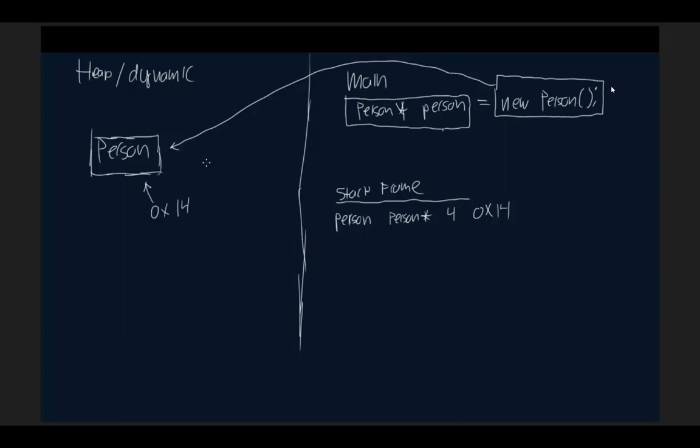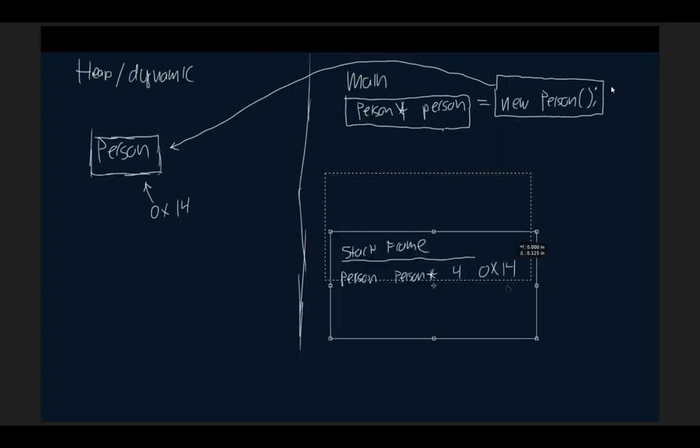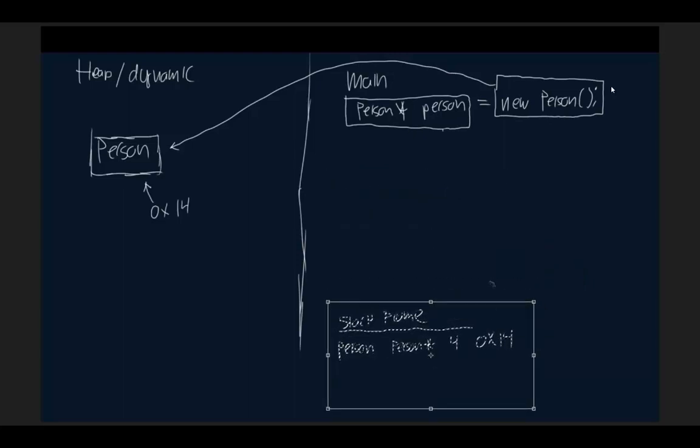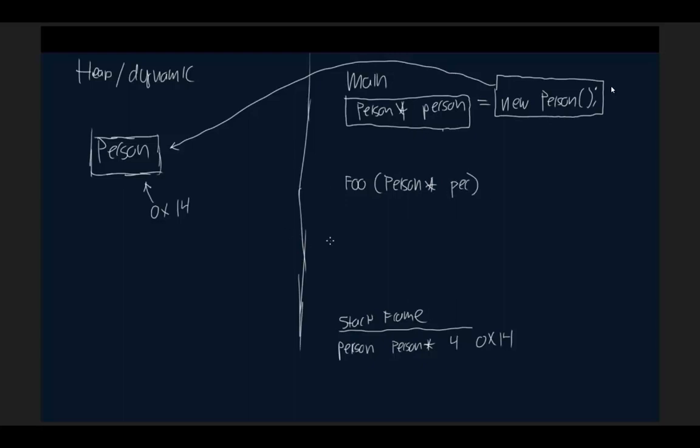So that's a very important concept to remember, which means that if I had another method, or another function, sorry, I'm going to say the wrong one many times throughout this, so just bear with me. If I had another function called foo that took in a person pointer, called person, or how about per, just to make things less confusing.